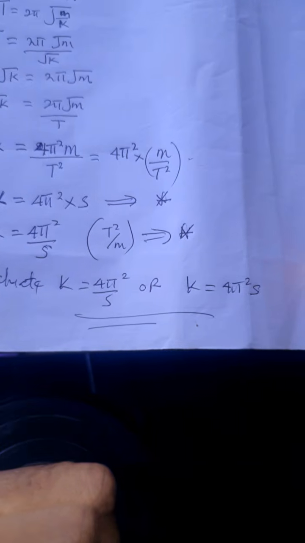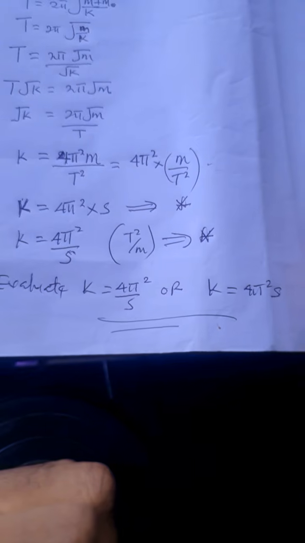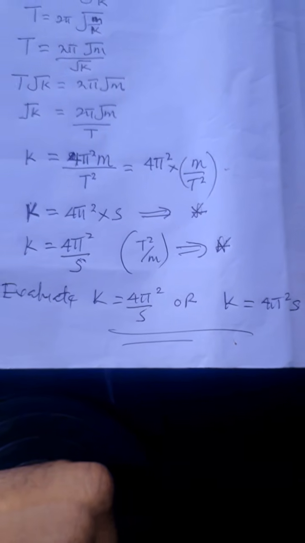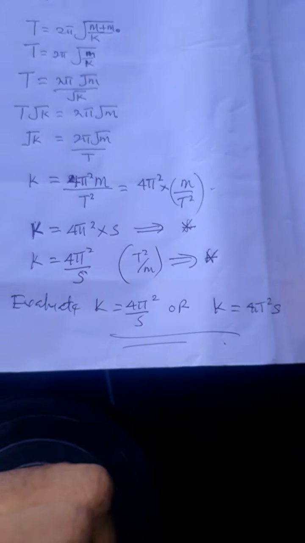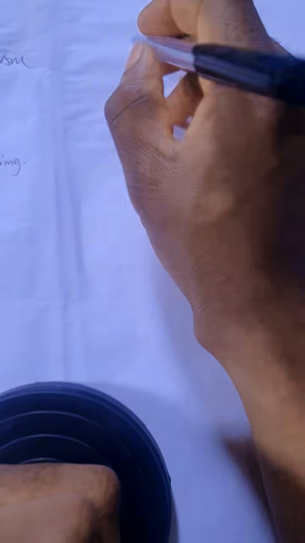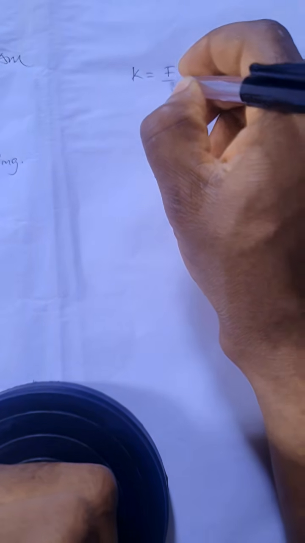At the end of the experiment, if we are asked to do this evaluation, it means we are looking for the spring constant of the spiral spring. And we all know from Hooke's law that spring constant k is equal to F over extension.